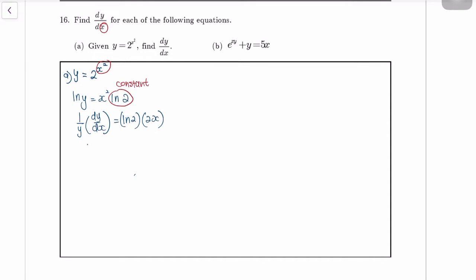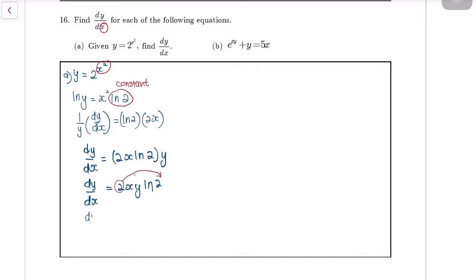Okay, so dy over dx equals to, sekarang ni kita akan bawa y ke sebelah sana. We don't want 1 over y, kita nak jadikan y saja sebagai subject. So 2x ln 2 times y. So sekarang ni dy over dx equals 2xy ln 2. Then we have this constant, kita boleh bawa ke sana sebagai power.